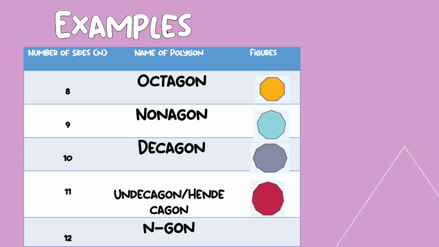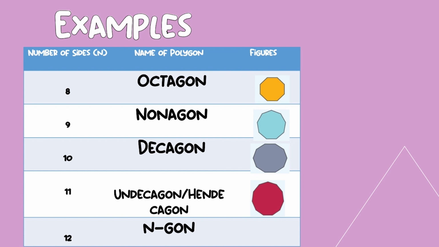Now we have 8 sides. It's called an octagon because the figure, as you notice, has eight sides. Also, with nine sides, it's called a nonagon. With 10 sides, we have a decagon. And with 11 sides, it's called an undecagon.